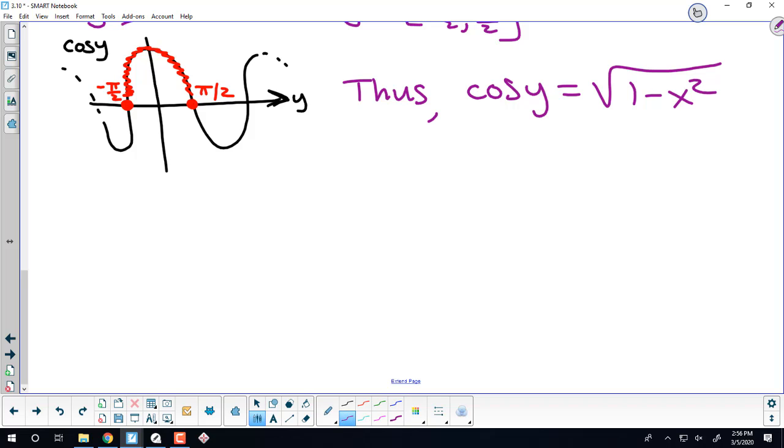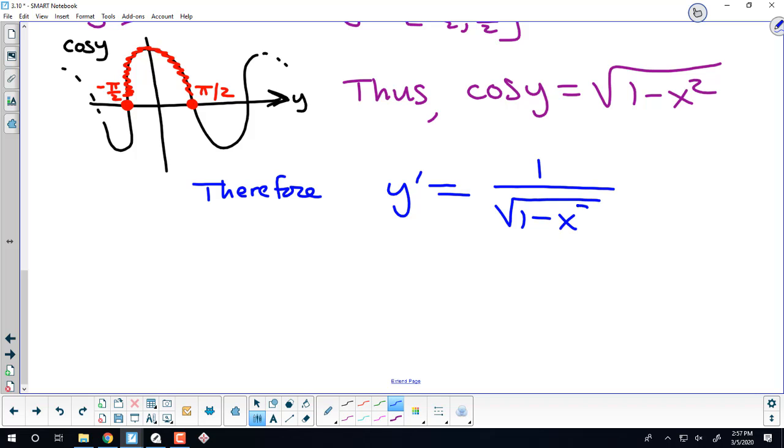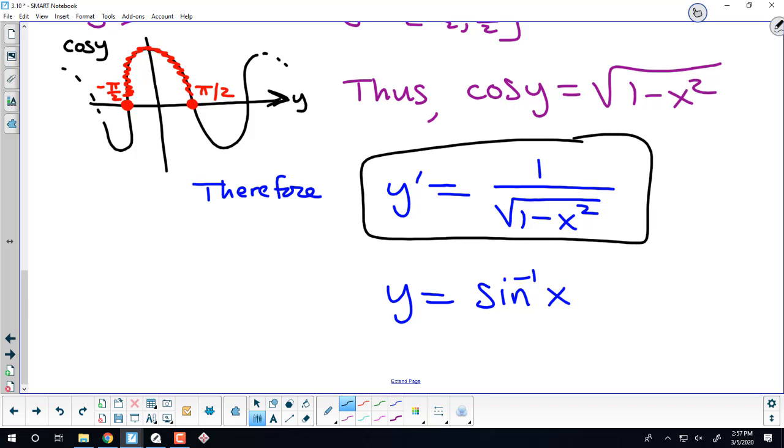So what that means, therefore, is our y prime is 1 over the positive square root of 1 minus x squared when y is the inverse sine of x. So it's just what our formula said.